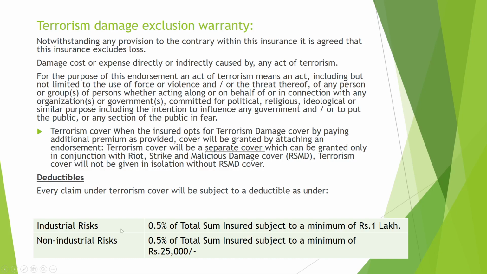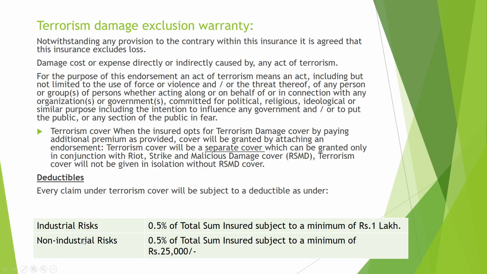So this is the deductible. You will deduct 0.5% of total sum insured, subject to a minimum of rupees 1 lakh. I mean to say that the insured has to pay rupees 1 lakh minimum.